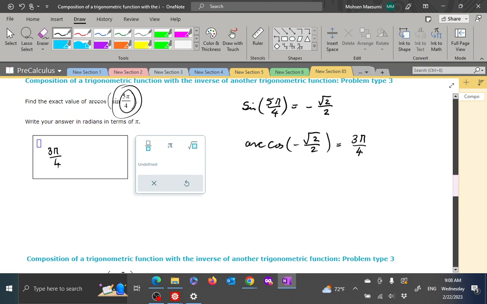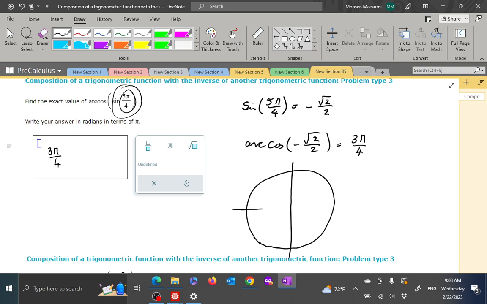Now let me go ahead and answer also by drawing. The advantage of drawing is we can answer this question even if the angles were not recognizable as some famous angle.